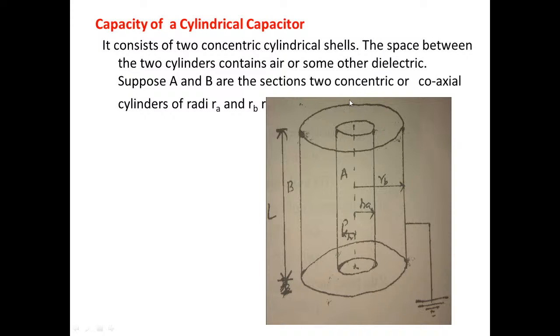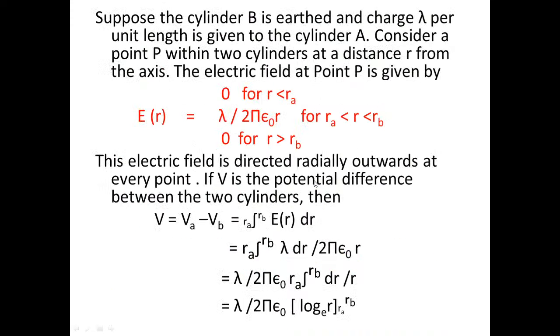So what we did, this is your cylindrical capacitor, this is the inner concentric cylinder and this is the outer concentric cylinder. The radius of the outer concentric cylinder is RB and the inner is RA, and then we have taken a point P at a distance greater than RA but less than RB, and found the electric field intensity at that point, which comes out to be ER equal to lambda by 2 pi epsilon naught R, and within and outside the value of E is 0.